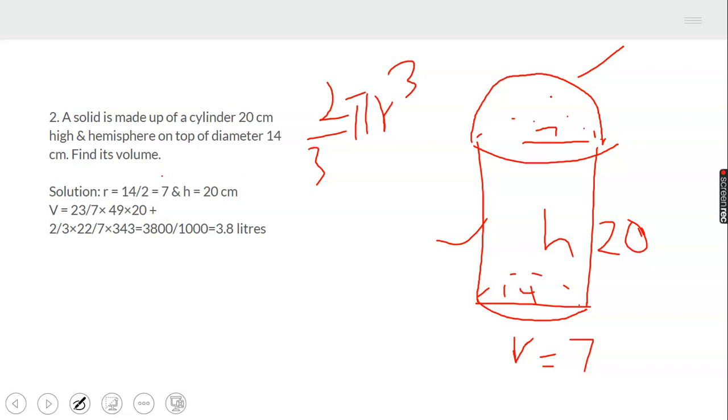The volume of this cylinder is pi r square h. So we have it to be this. Then when we substitute, we have this. And this will give us 3,800. Now 3,800 centimeter cube divided by 1,000, we have 3.8 liters as the volume of the entire solid. That is hemisphere and a cylinder.